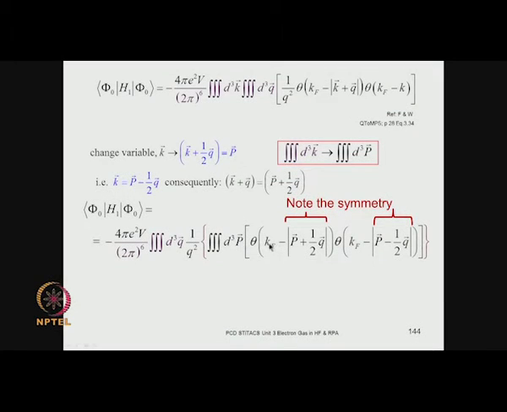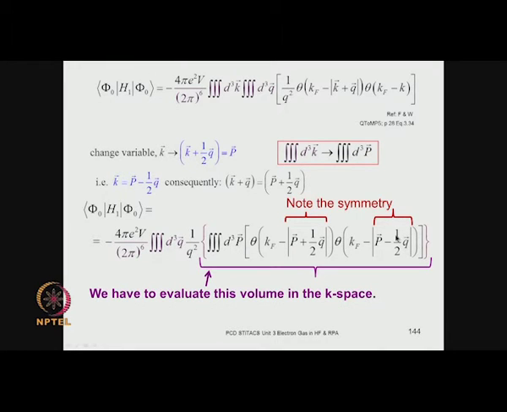So, from kf you are subtracting P plus half q, and in the second Heaviside step function again you are subtracting from the momentum at the Fermi level, not P plus half q, but P minus half q. So, there is a certain symmetry, and that enables us to evaluate this integral using very simple elementary geometry. I will show you how it is done.